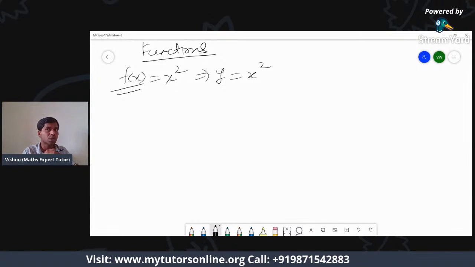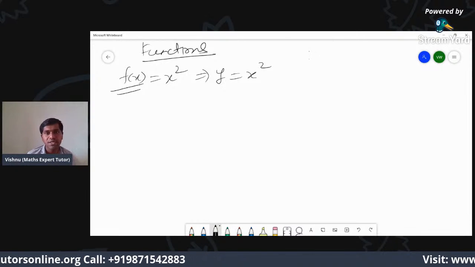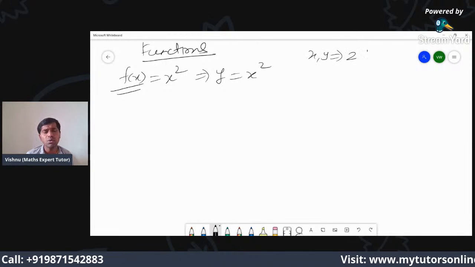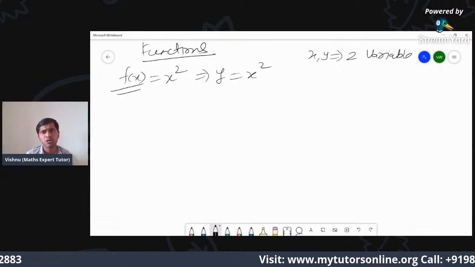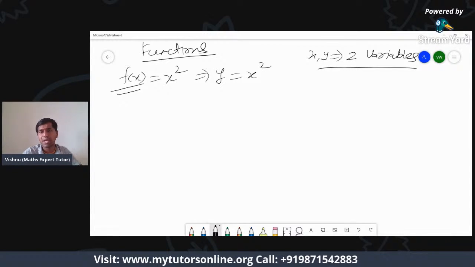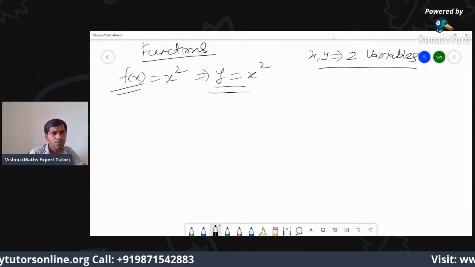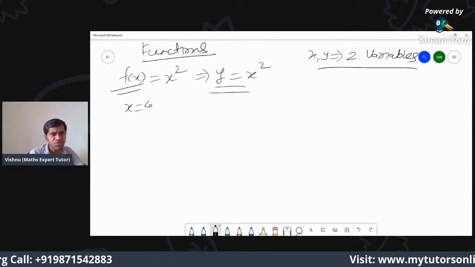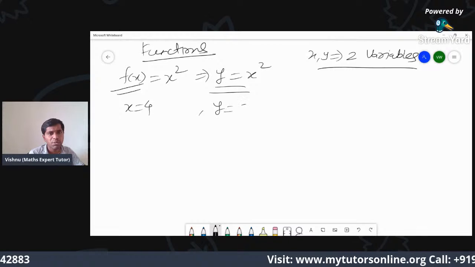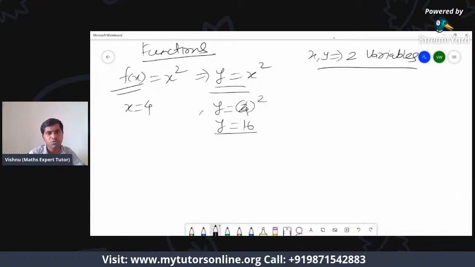Before you go into types, this is extremely important to understand. X and y are any two variables. I will take x as 4, let's say. What happens? Y will become 16.